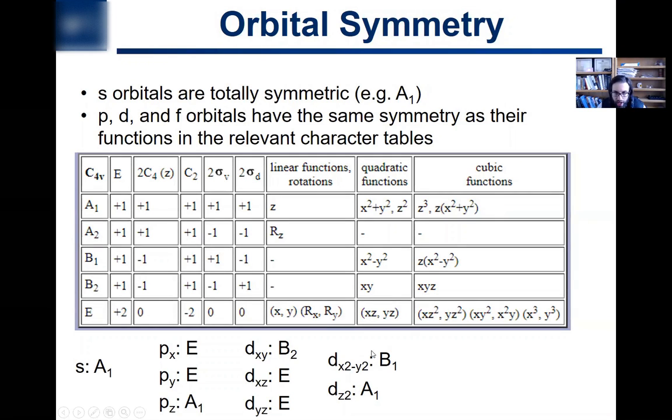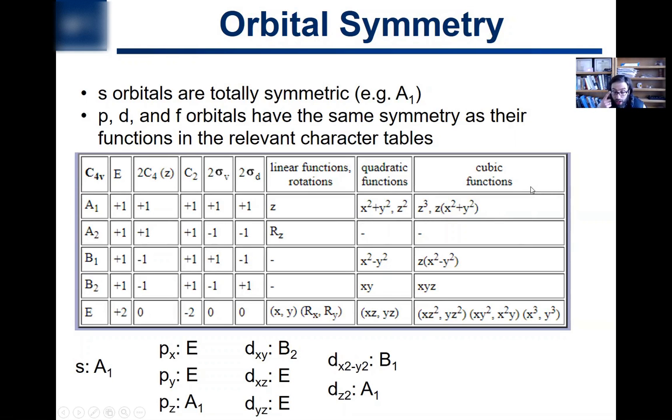And then dz squared, depending on your character table, it might be listed as z squared, here it is, A1, or it could be listed as 2z squared minus x squared minus y squared, which is the longhand version of what the dz squared orbital function actually is. But here it's using the shorthand nomenclature z squared. You can see it also has a symmetry of A1.